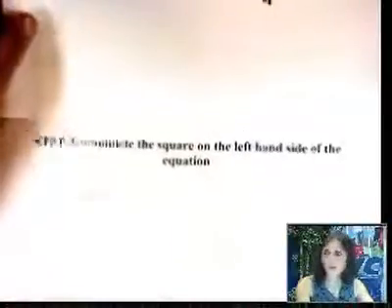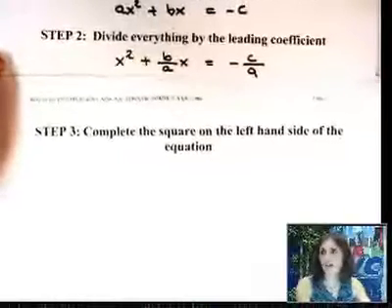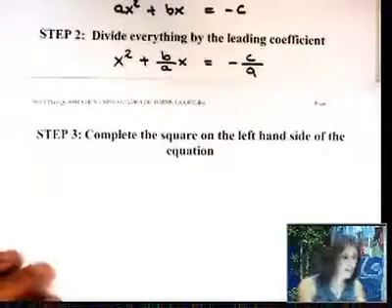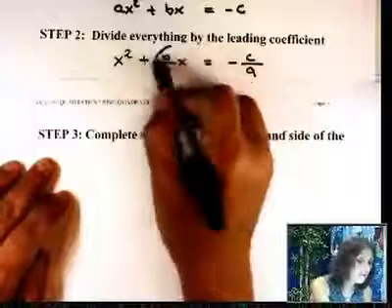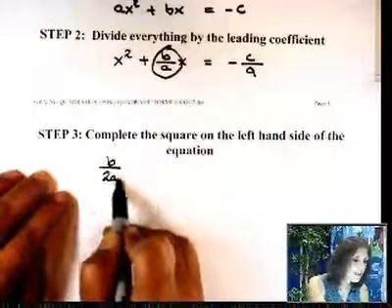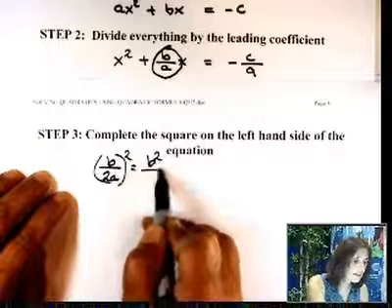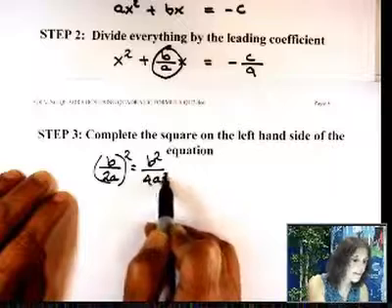Now complete the square on the left-hand side of the equation. So how did we do that? You take this term, divide by 2. That will give you b over 2a. And then square it: b squared over 4a squared.